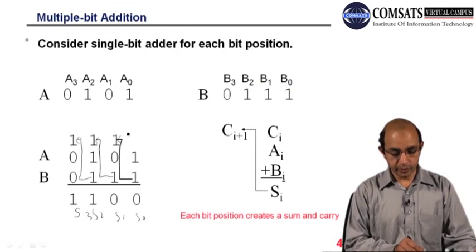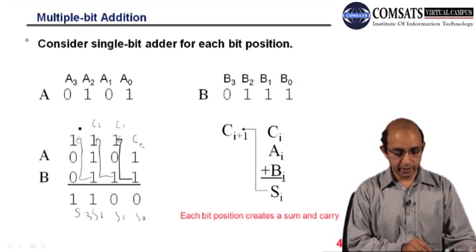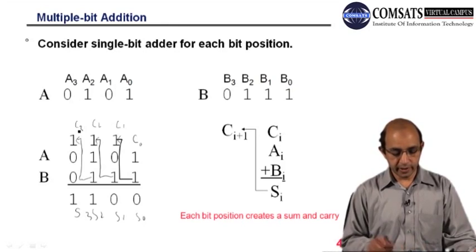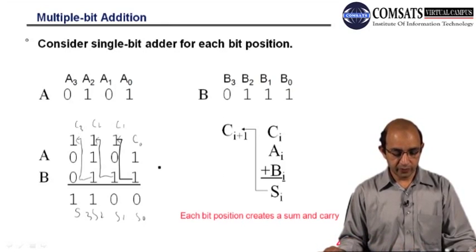And if you talk about the carry, we have C0 here, C1 here, C2 here and C3 here. You can see the movement of the carry. We got the carry here and we have placed it one position ahead.